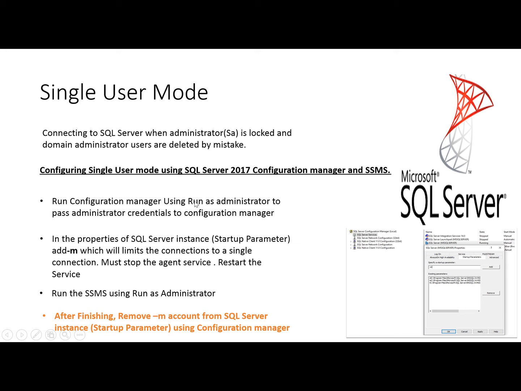To configure single user mode for SQL Server 2017, we will use the SQL Server Configuration Manager and the SQL Server Management Studio. First of all, we have to run the Configuration Manager using Run as administrator, which will pass the administrative credentials to the Configuration Manager.